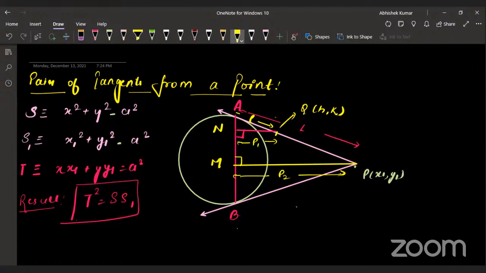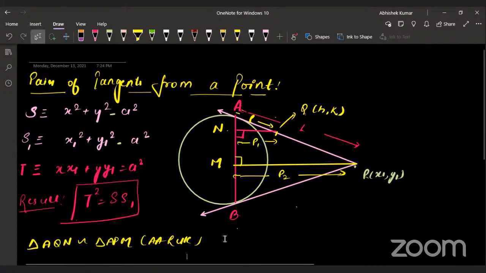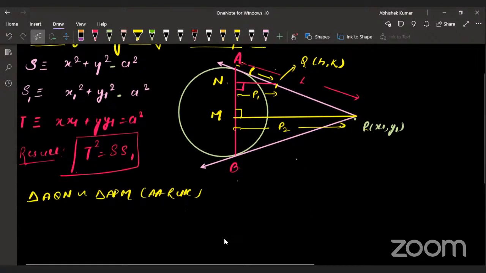All right. Now, if you look at these two triangles, AQN and APM. Are they similar or not? Triangle AQN is similar to triangle APM by double A, right? Yes or no? Very clear. One angle is 90, the other is common. Right?